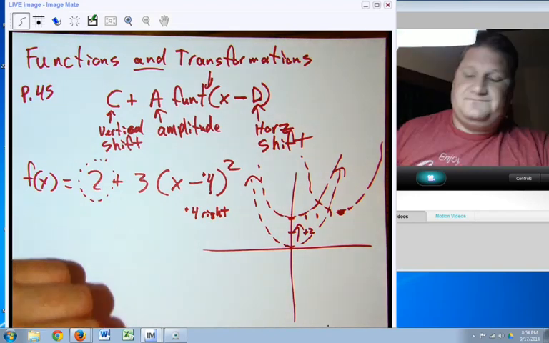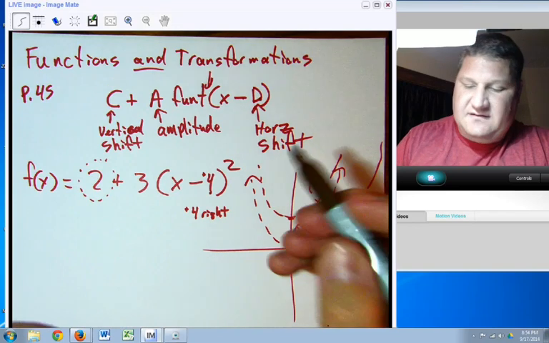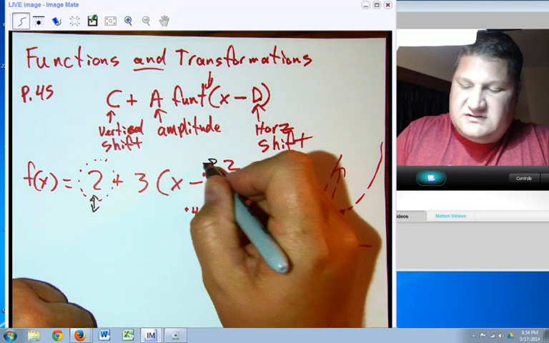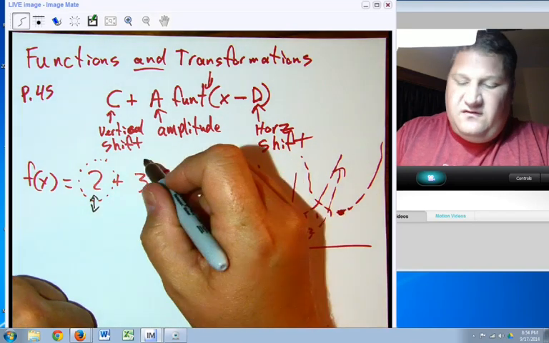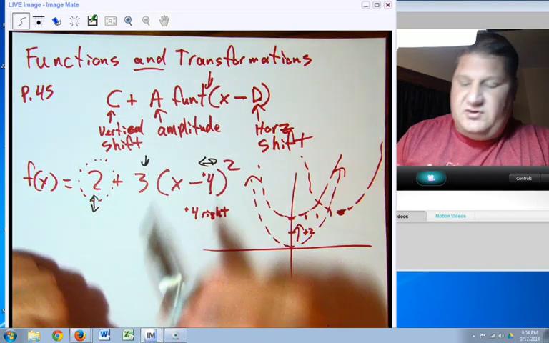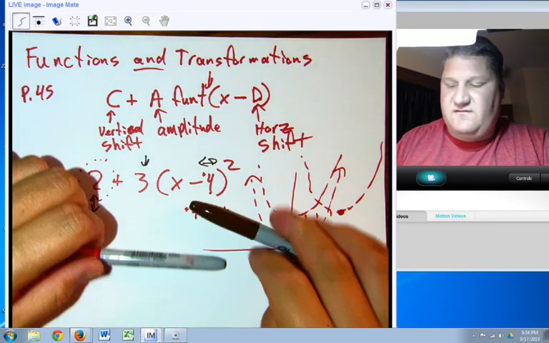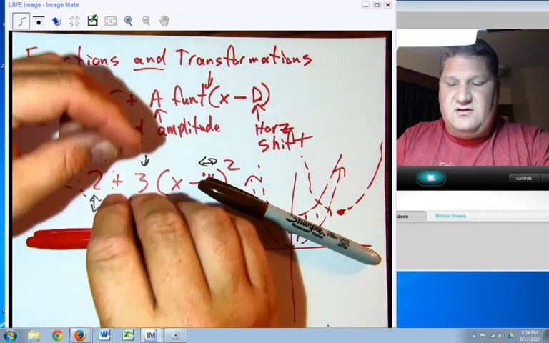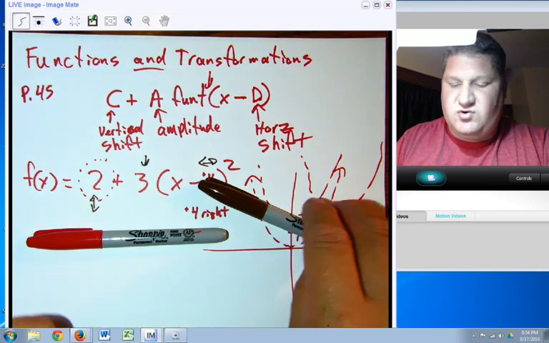Now, the last thing, because whereas this is vertical shift, this is horizontal shift, this right here is going to be amplitude. Now, amplitude you need to think of in terms of stretching it vertically. Okay, if it has more amplitude, it's more stretched.